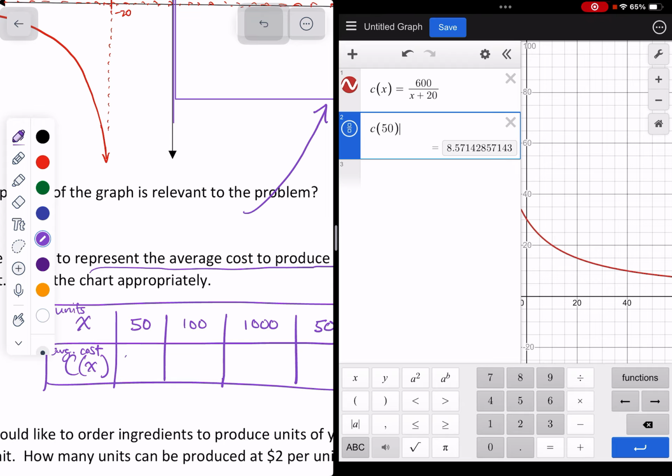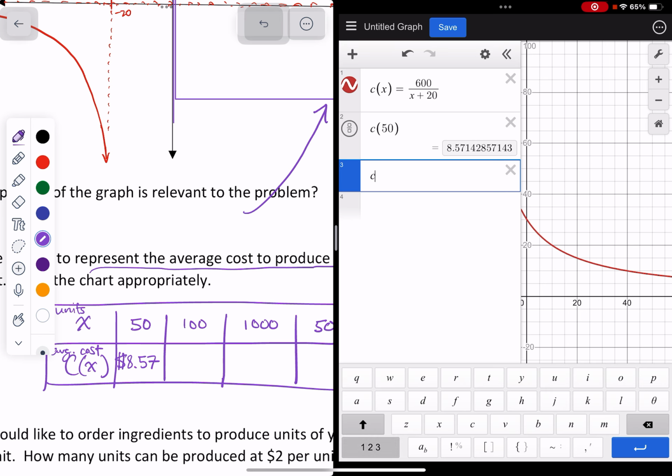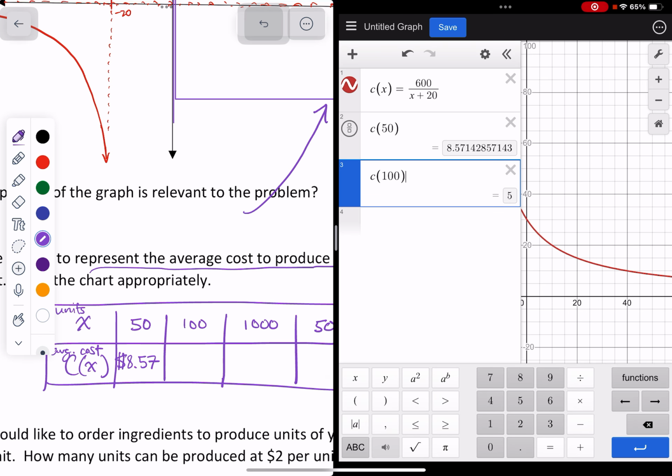So we're getting an average cost of $8.57. And then if I want 100, same thing. C parentheses 100. I get an answer of $5. Okay.